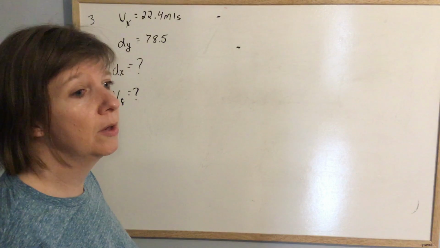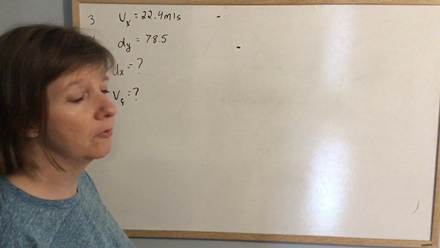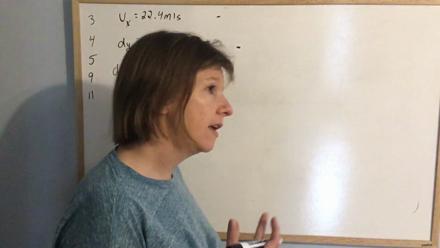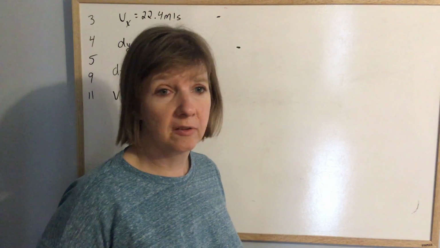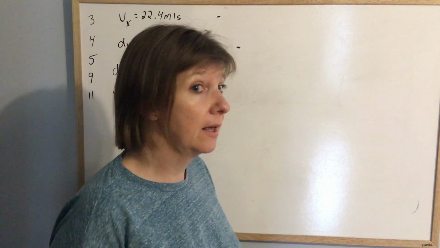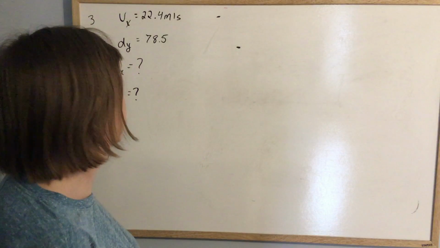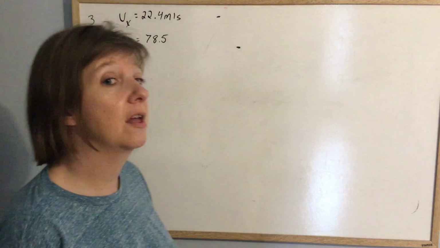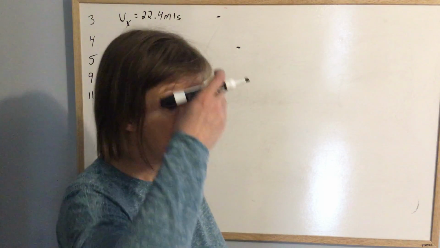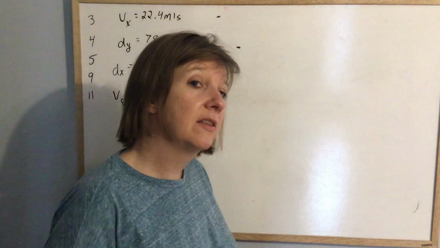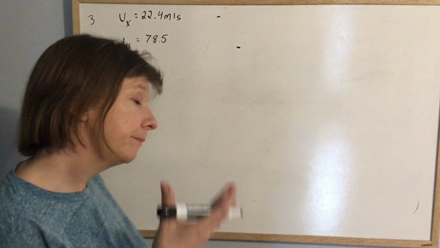And really about the only formula I know when I have constant velocity is that velocity is equal to distance divided by time. And I don't have a distance and I don't have a time. All I have is a velocity. That's not going to help me very much. So I need to see if I can figure out time.